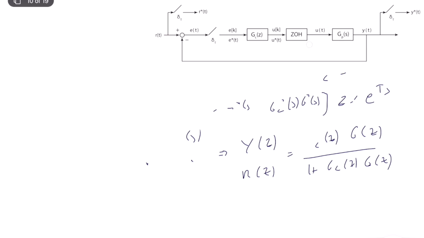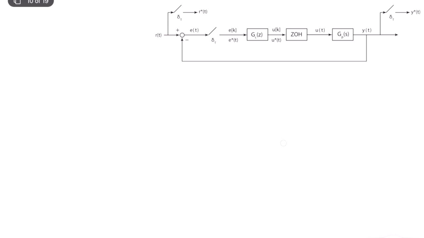Now let's assume that our GP of S, which is a continuous time transfer function, is a simple first order expression such that GP of S is equal to 1 over S plus 1. That's it. GC of Z is given as a simple P or proportional controller, and sampling time is equal to 1 second.